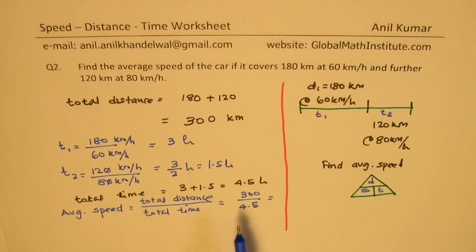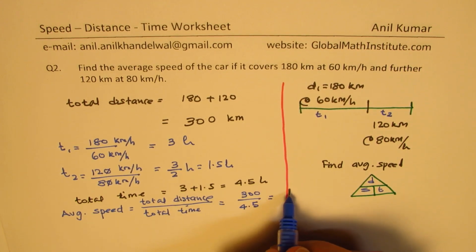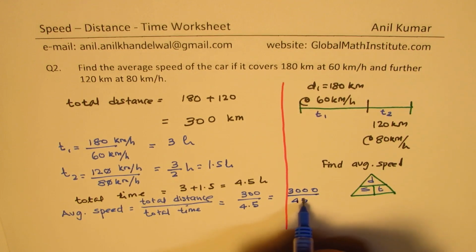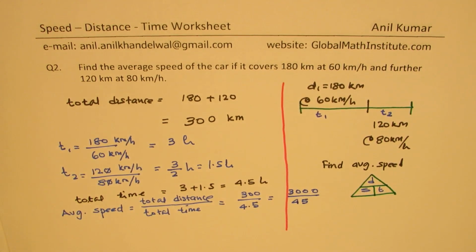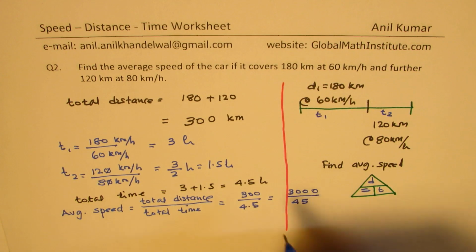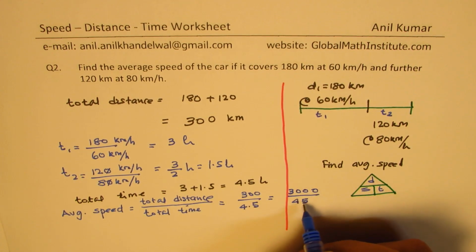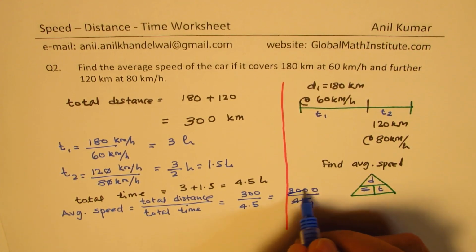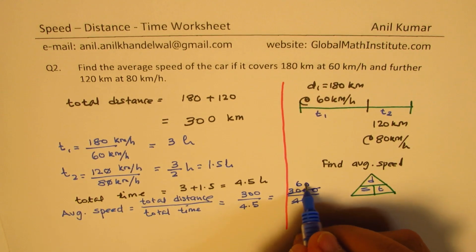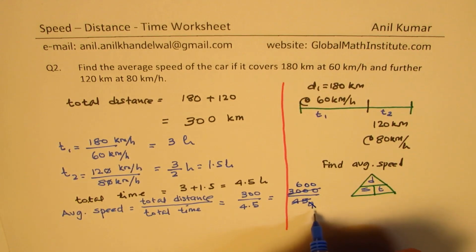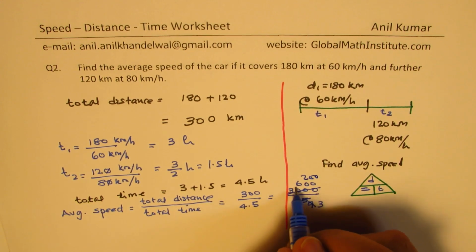Now sometimes the calculator may not be required. So for this calculation, you could also write this as 3000 over 45 and then do the needful. So we can cancel by 5, 5 goes 9 times, and 5 into 600 is 120. This can be divided by 3, so 3 times 3 and 200, right?